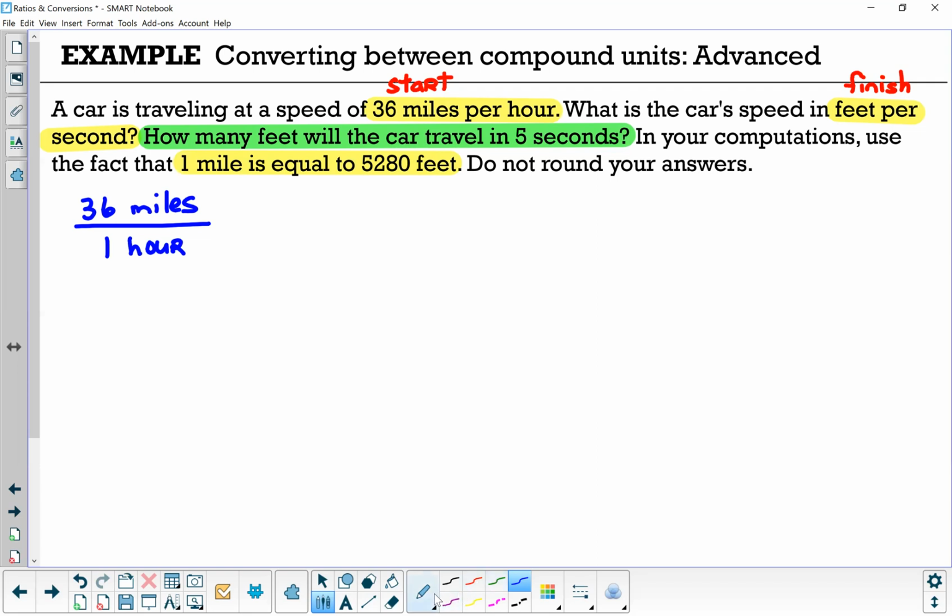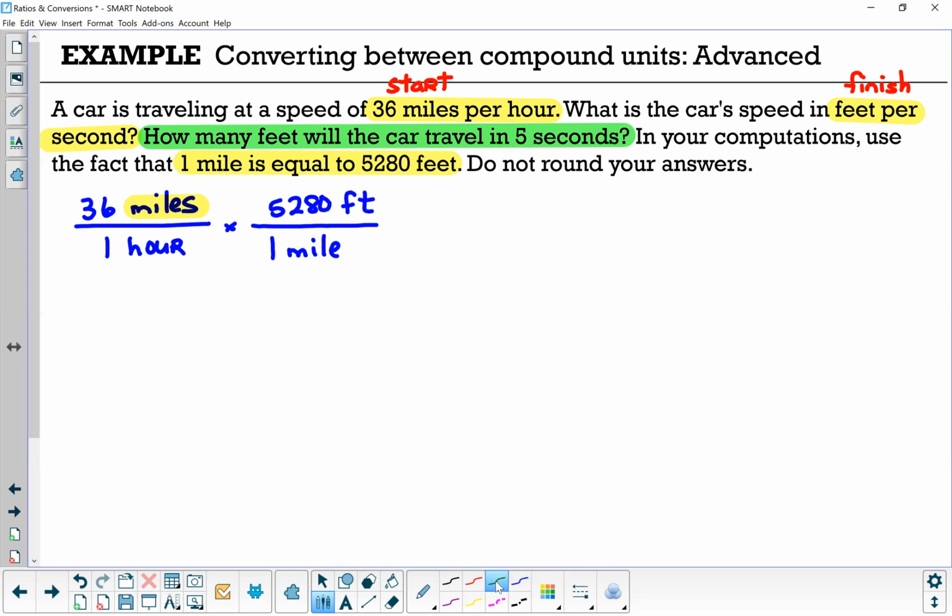So let's focus on the units in the numerator, the miles for now. So if we multiply this, we want to eliminate the unit miles. So we have 1 mile is equal to 5,280 feet. So I'm going to put 1 mile in the denominator, which means the 5,280 feet goes in the numerator.